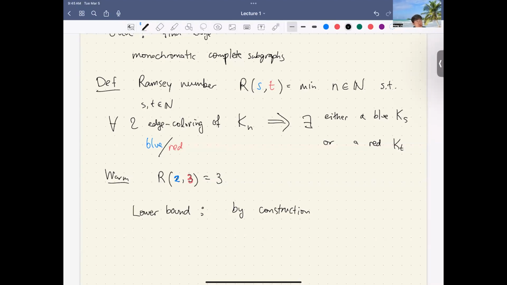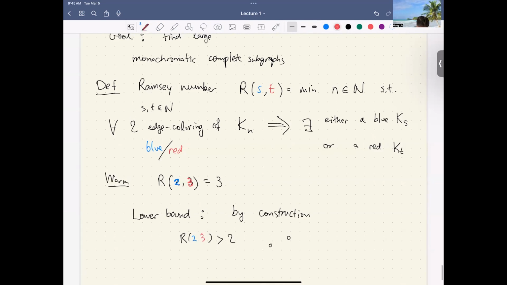So let's do the lower bound. What do we need to prove? We need to prove R(2,3) is strictly bigger than 2, right? This is very easy. That means for 2 vertices, we need to find a coloring such that you cannot find a blue K2 or a red K3. Well, if you color anything in blue, we are done, so we cannot color these 2 vertices in blue.